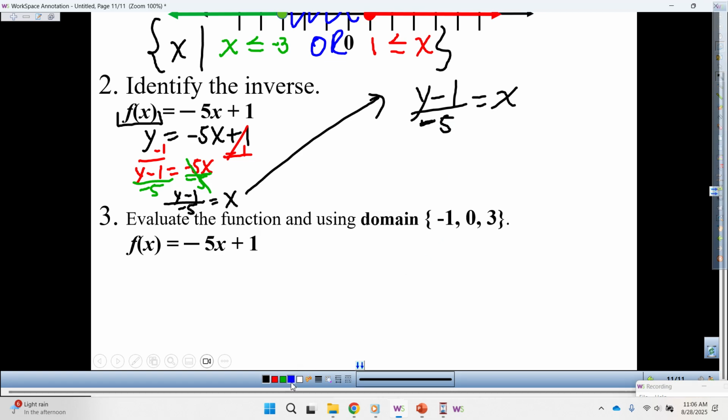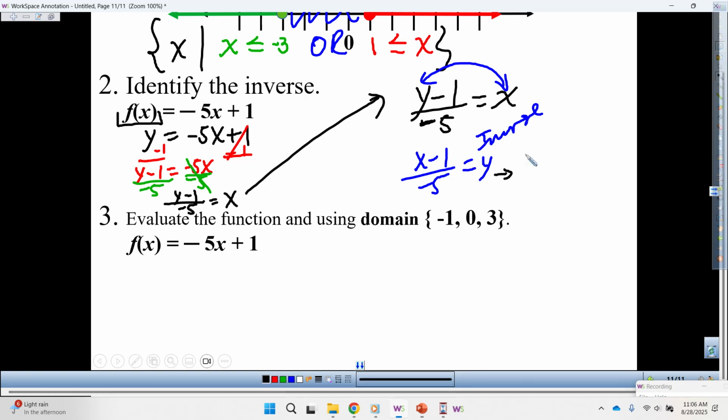Carlos, what do I do at the end right there for the inverse? Swap the variables. So we end up with x minus 1 over -5 equals y. Technically, we are done. This is the inverse. However, we need to rewrite it in f of x form, the y, right?